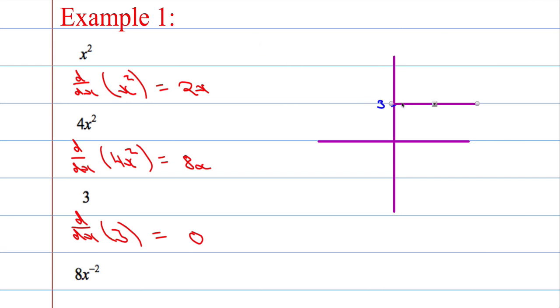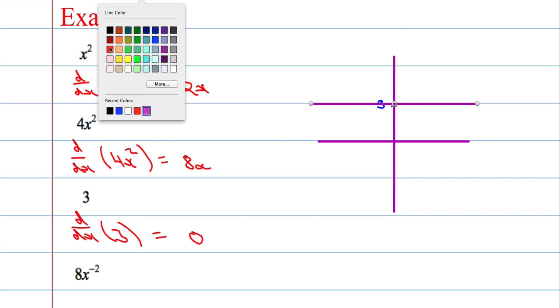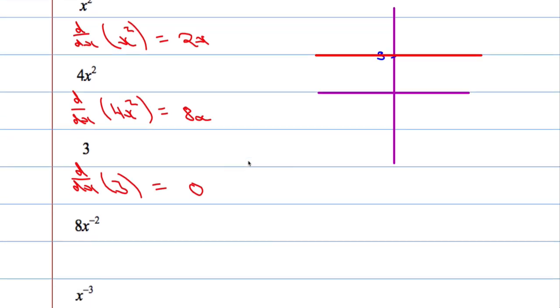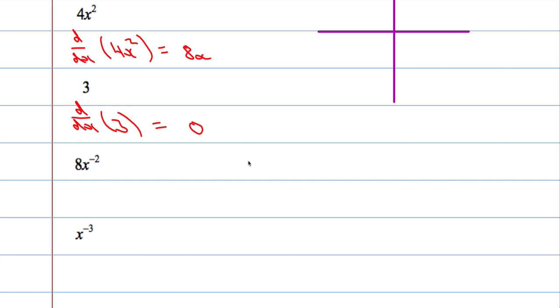So that's y equals 3. Well, the derivative or the gradient of that line is 0. It's a straight line. It doesn't go up, it doesn't go down. It's a constant. So the derivative or the gradient of that line is 0. So when we take the derivative, we're finding the gradient function of the tangent to the curve.